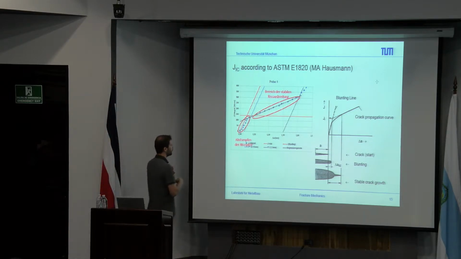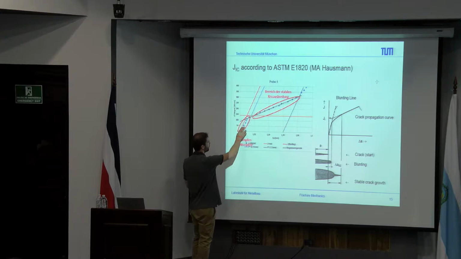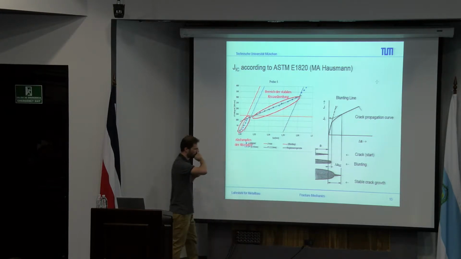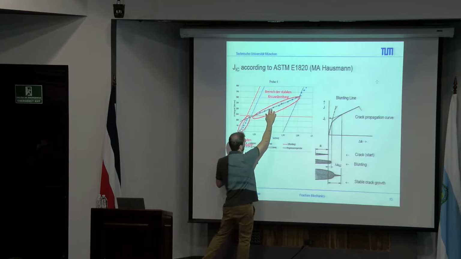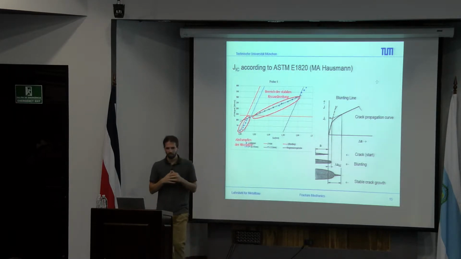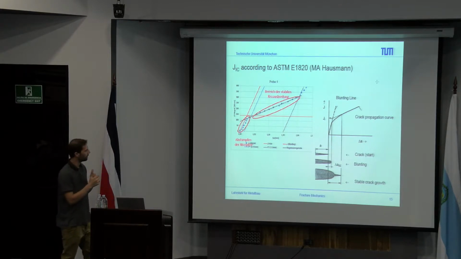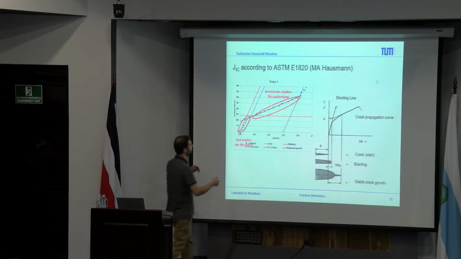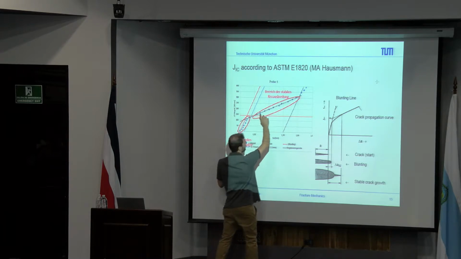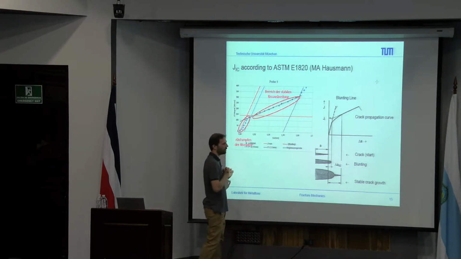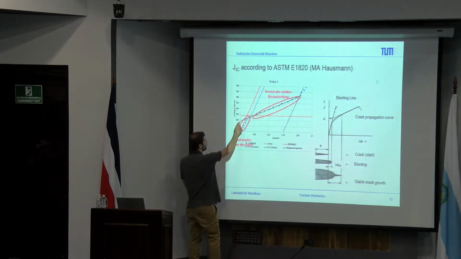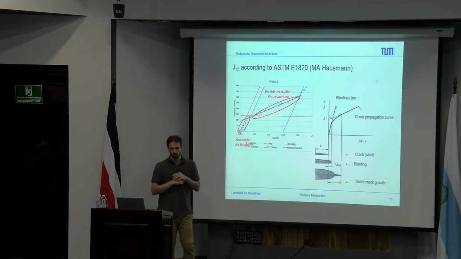So at this part, you have some stable crack propagation, which is at this part just following the Paris law, and you can at this point analyze the slope of the crack propagation, but also the intersection on the y.